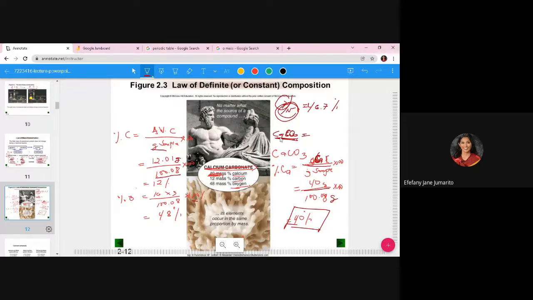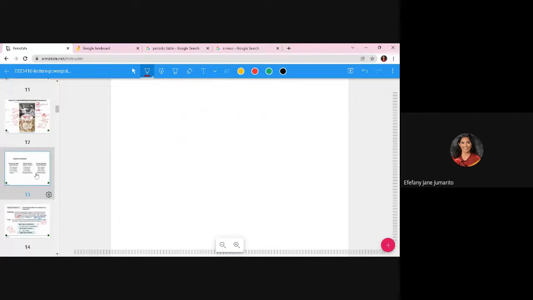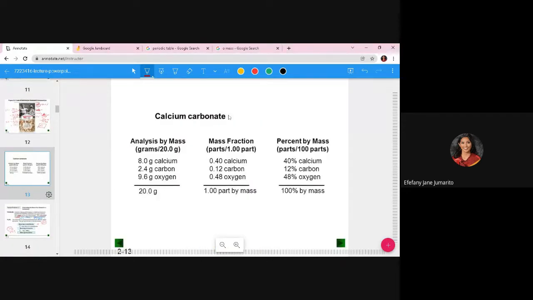Now, what if I ask you the composition of water? Water is H2O. So the composition of water is hydrogen and oxygen.